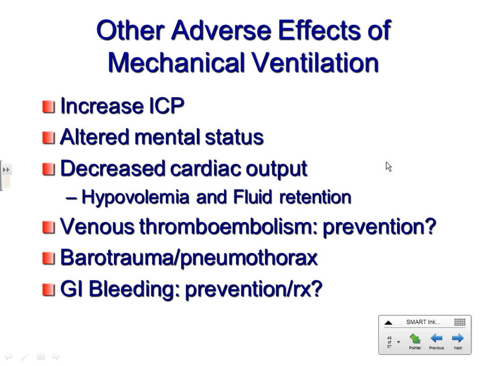Higher intrathoracic pressure, what does it decrease? Venous return. So if we have decreased venous return, why does that cause increased intracranial pressure? Because the blood is backing up into the brain, and it's causing cerebral edema. So positive pressure, increased pressure inside the chest, backs up the blood into the brain.